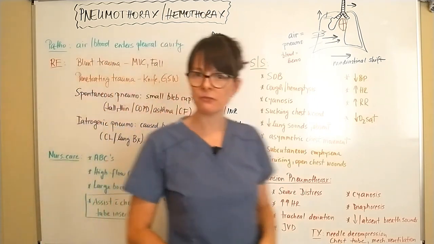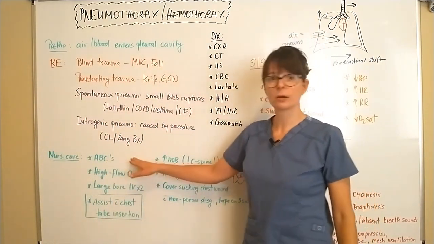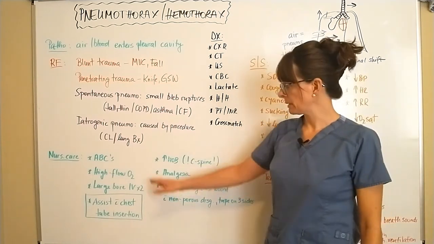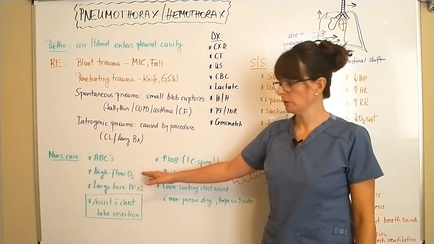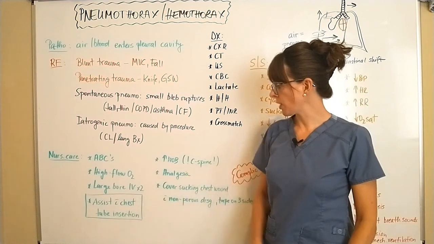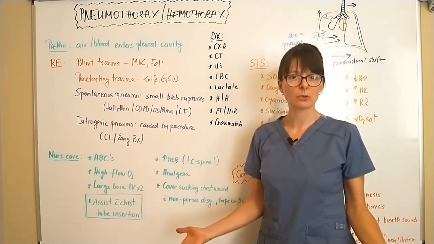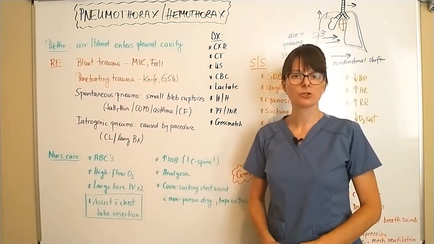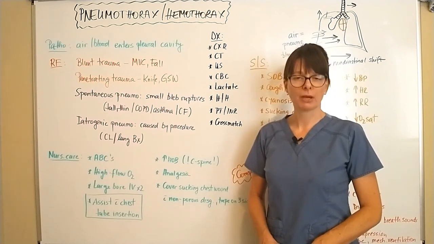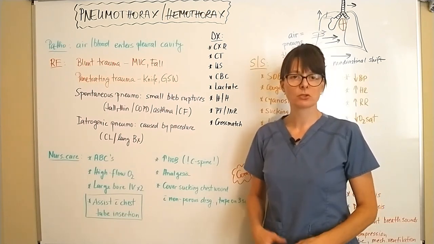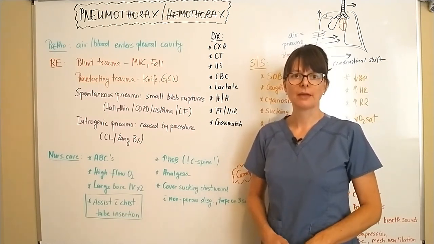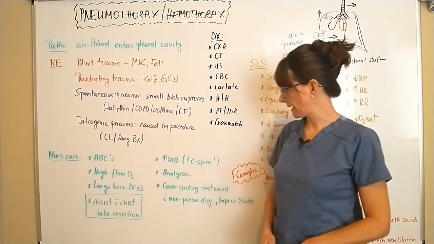In terms of nursing care, we always want to assure our ABCs first. Place the patient on high flow O2, and establish large bore IVs times two. That usually means at least an 18 gauge in one extremity, to prepare for fluid resuscitation, blood administration, and maybe any other medications that the patient might need.